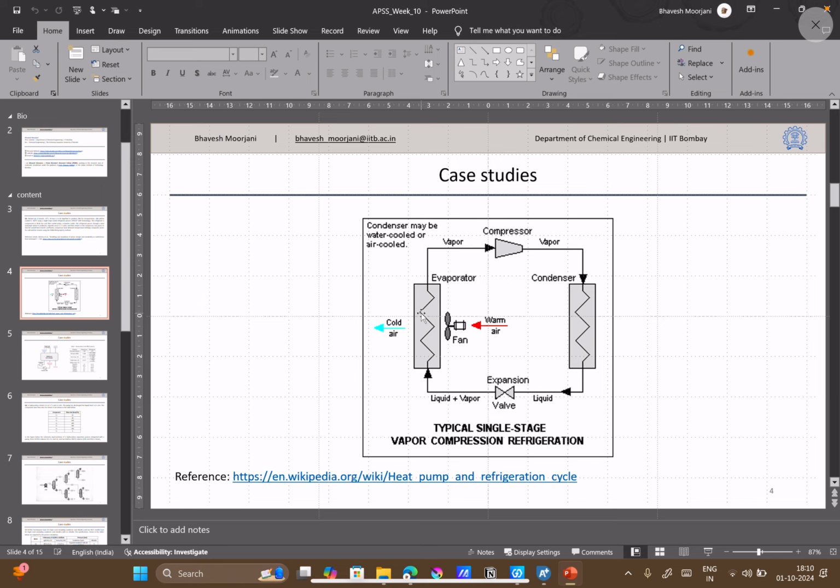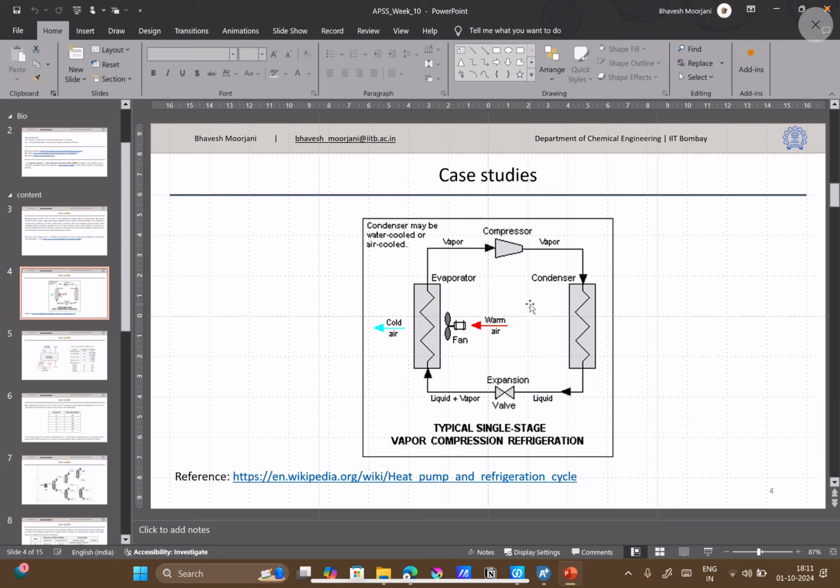Let's say in the case of an air conditioner, we want to cool down warm air present in our room to cool air. So this subcooled liquid plus vapor stream will be used to cool down the desired stream, and then it will become saturated vapor. That saturated vapor is again compressed and cooled down. So this is one refrigeration cycle. You obviously might have learned it in the 11th and 12th curriculum as well as in your UG curriculum, right?